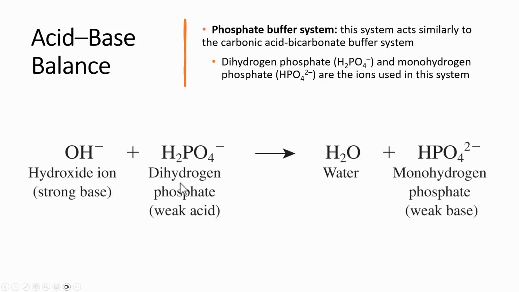We have dihydrogen phosphate, which is a weak acid. Combine those, and through a chemical reaction, we get water. And actually, that chemical reaction would be a dehydration synthesis, where water is removed. And we wind up with this monohydrogen phosphate, which is a weak base.